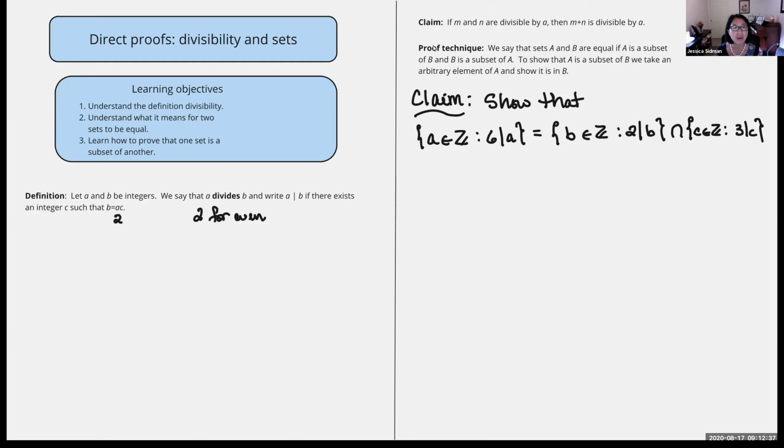Right, so this is a generalization of the definition of evenness. Evenness is if a number is divisible by 2. And so now we're saying, well, what if an integer is just divisible by some other integer A? And I want you to see that using this definition, it works just like the definition of evenness.